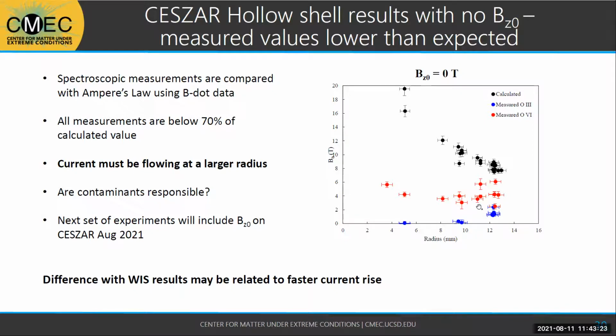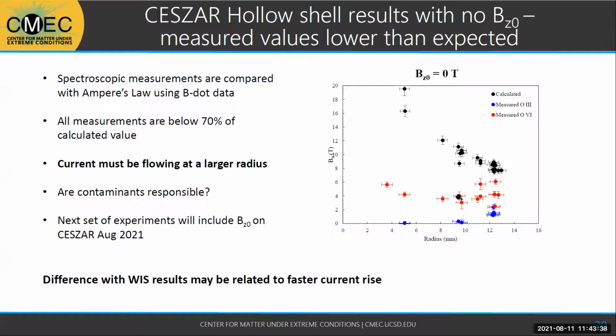We find that our measured data is falling consistently below the expected calculated data, which is calculated using, again, the B dot and Ampere's law. And we're not sure exactly what's causing this.